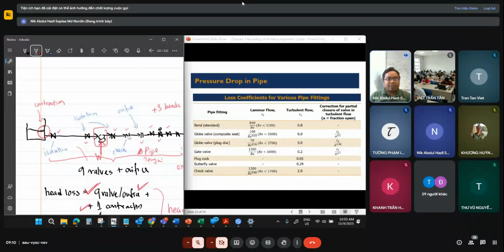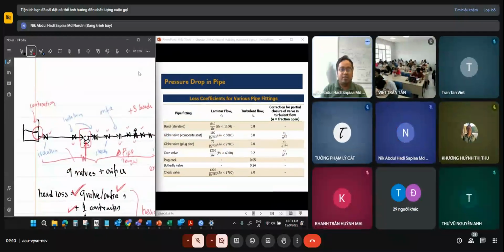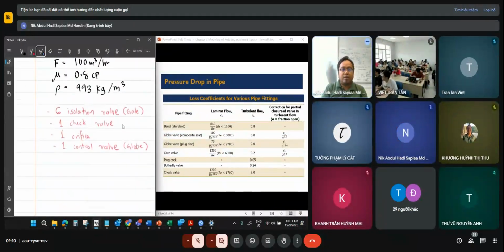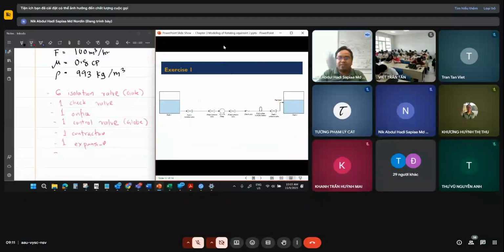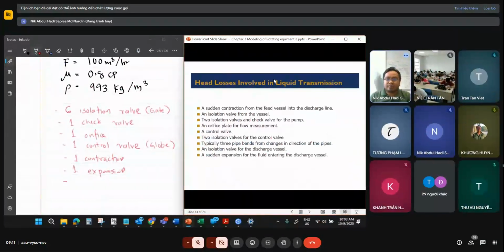And we have contraction and expansion, so 1 contraction and 1 expansion. And by rule of thumb, or by this previous guideline, we would have 3 pipe bends for the transport.